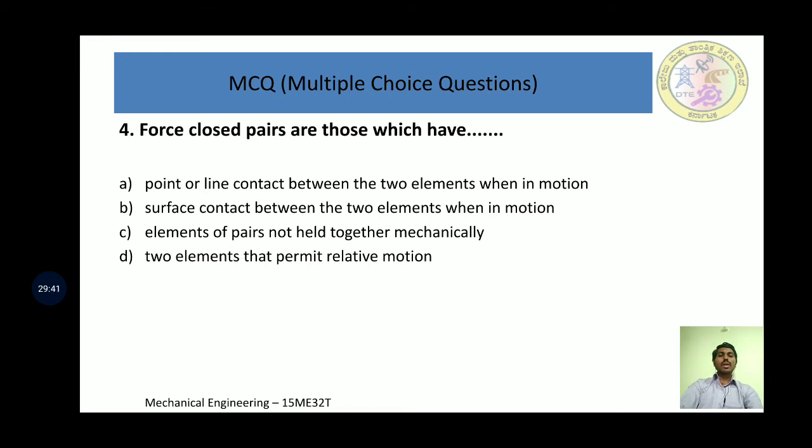Correct answer is elements of a pair not held together mechanically. So that's why it's called force closed pairs.